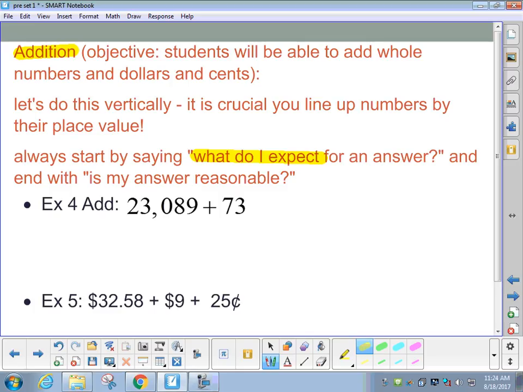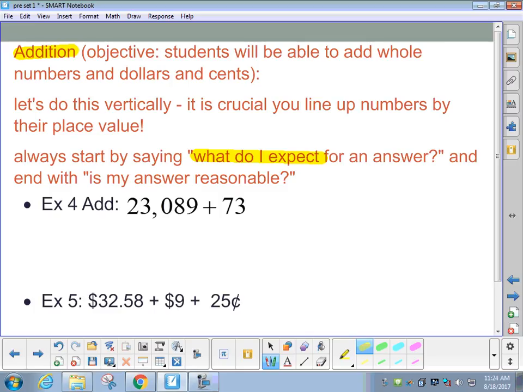And at the end, is that answer matching what I expected? I'm not asking you to write this down yet. We will do estimates later. But right now, what would you expect as an answer? Just ballpark. Yes? 24,000. A little more. Do you agree that 23,000 is huge and 73 is not going to add much? So I would expect it to be 23,000 and a little more. Yeah? That's all I'm asking.